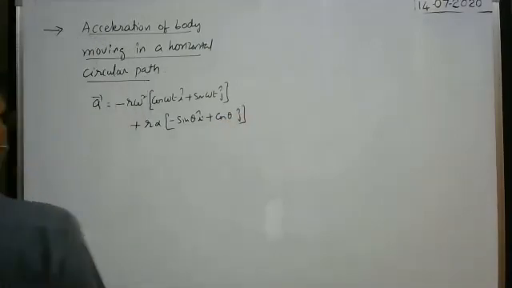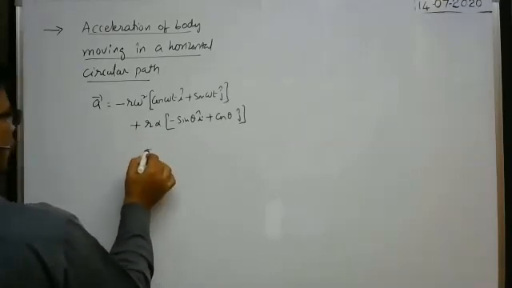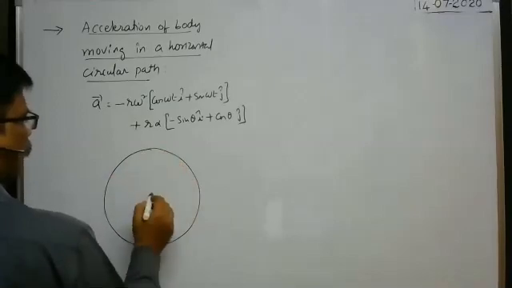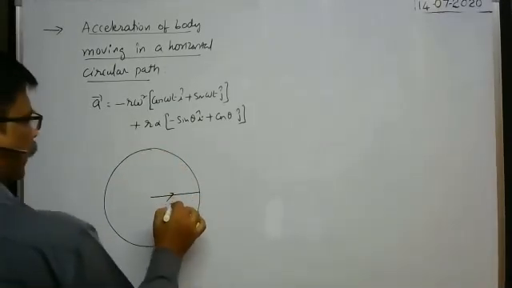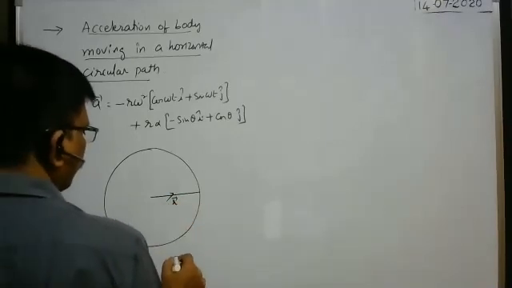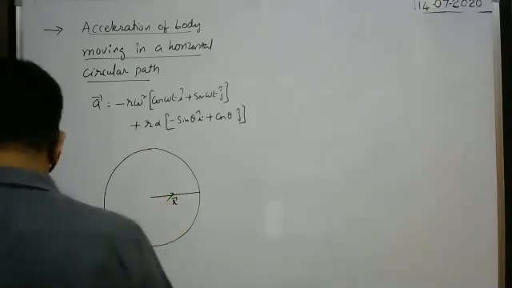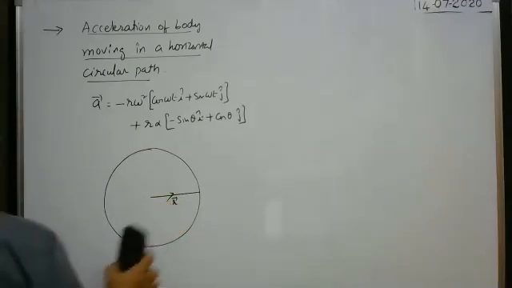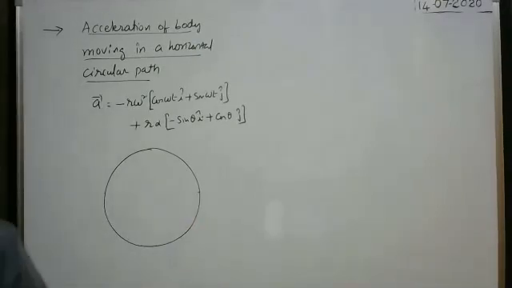Okay, from this, here R alpha is... suppose the body is traveling along the circular path. Here is the radius vector R bar. I think we imagine the diagram like this.